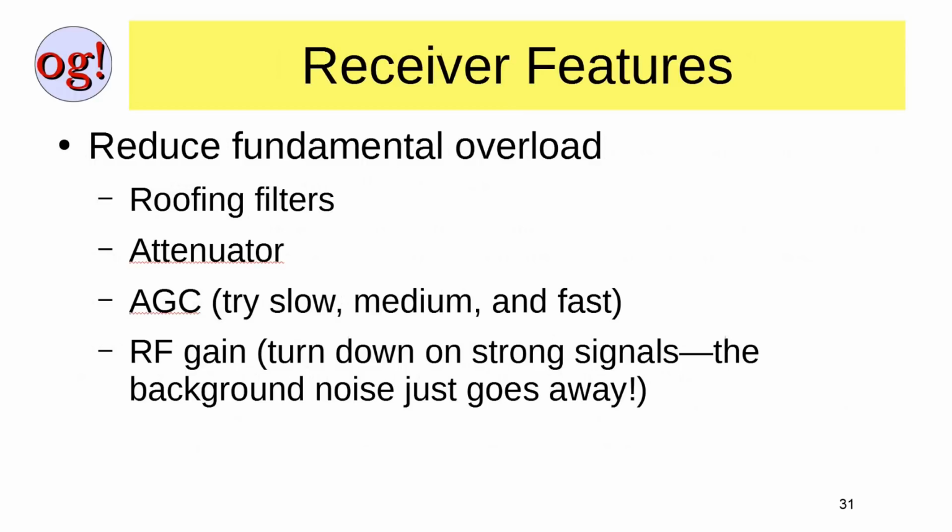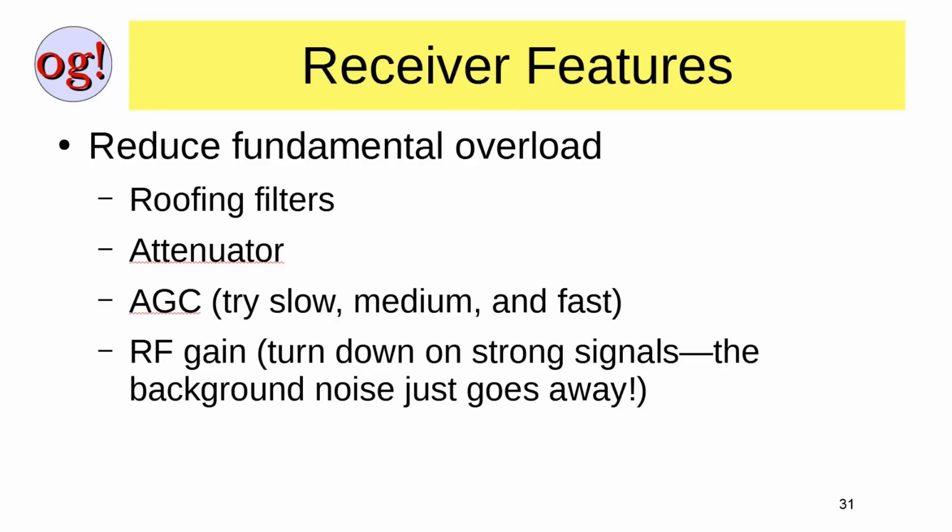Modern receivers have many features. They help reduce fundamental overload with roofing filters and attenuators, if it still gets through anyway. The attenuator puts the radio signal in a more linear part of the receiver's transfer function and can help reduce interference that's nearby.